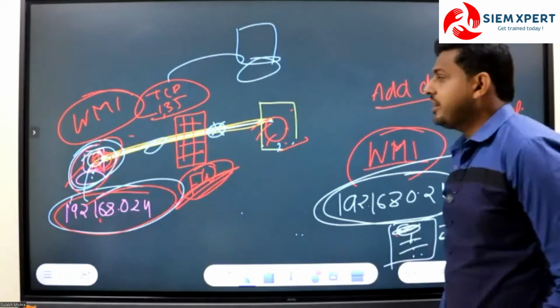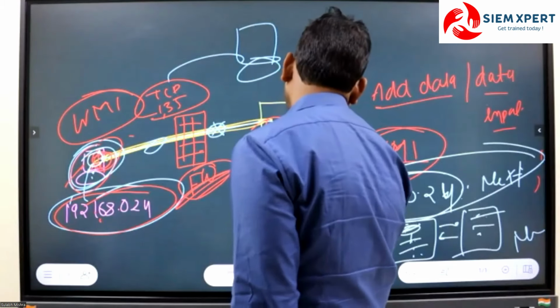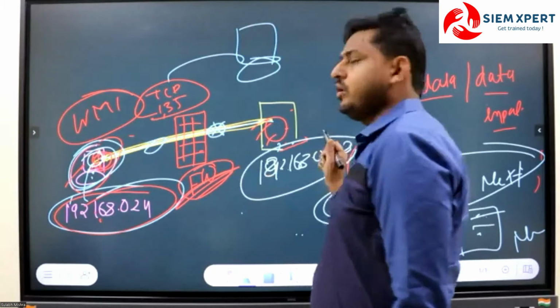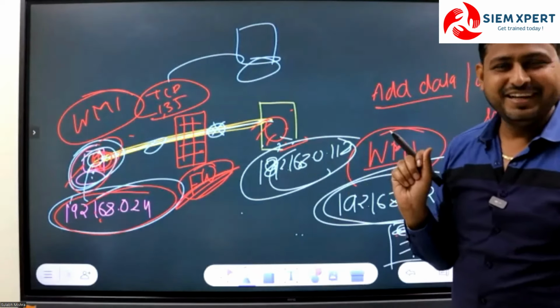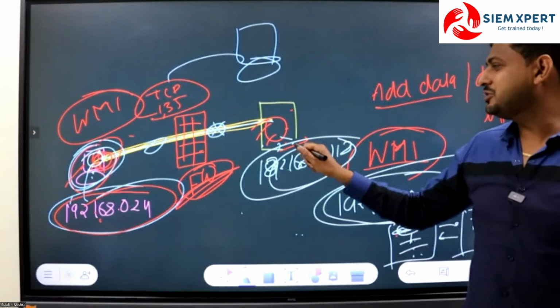If I had entered the IP address 192.168.0.118, this is the local system. If I want to integrate this server also with Splunk, this is a local server, and Splunk Enterprise is installed on this server only.